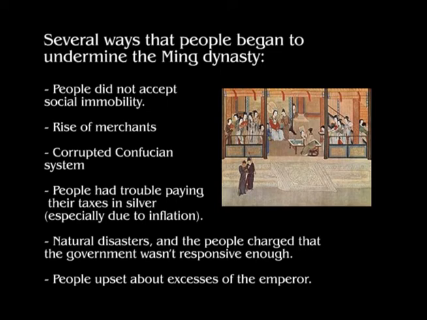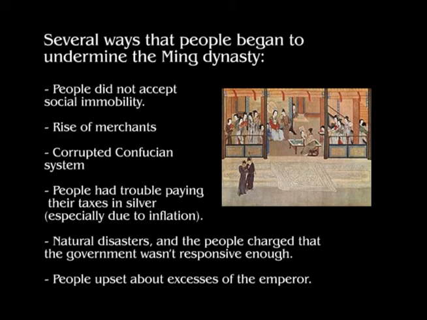Another thing, too, is that some of the later Ming emperors start demanding that people pay their taxes in silver. And if you'll remember, one of the things that the Emperor Hongwu had said is that people could pay their taxes in agricultural produce. Well, this is completely overturned by the later emperors who demand silver, and problems with inflation due to the influx of silver from Europe make it harder for the common man to pay his taxes.